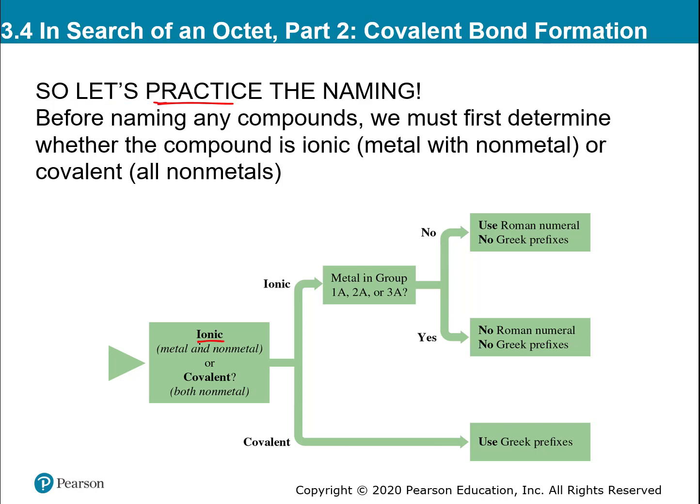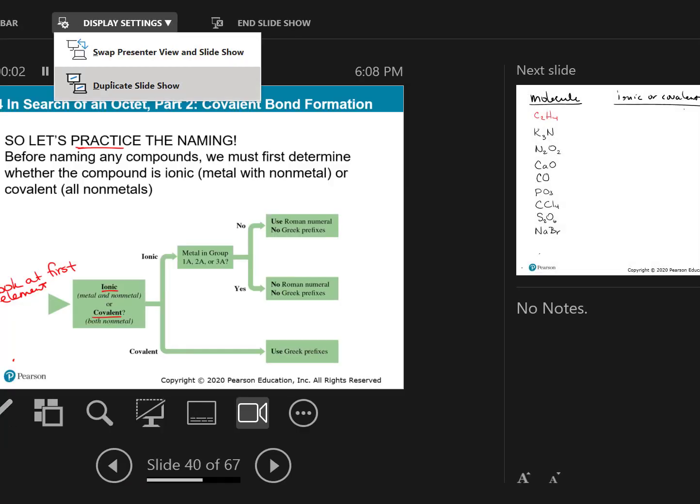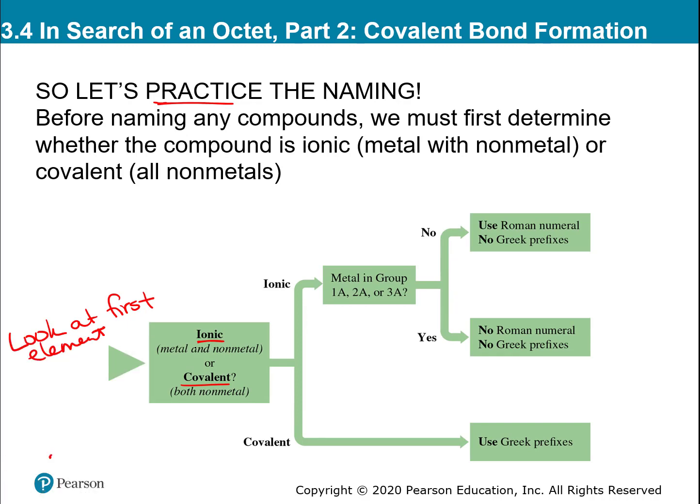So 1, I need to know, is it ionic or covalent? Okay, and the trick is look at the first element. Whether you have a name or you have a formula, it doesn't matter. Look at the first element in the name or the formula. If the first element is a metal, then you know that you have ionic.